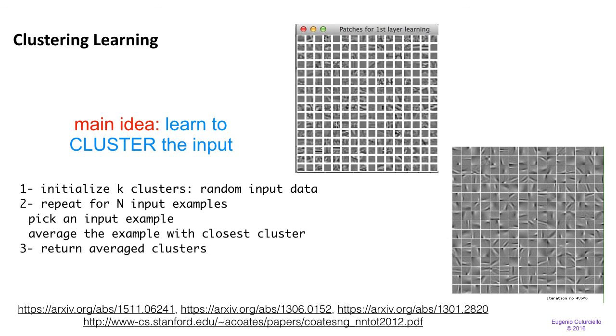The idea was to take random patches of the input data, pick one example, average it with very similar ones, and then continue. After a while, you get a representation where your patches end up looking very similar to V1 filters in the brain.